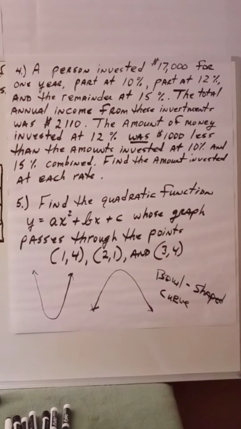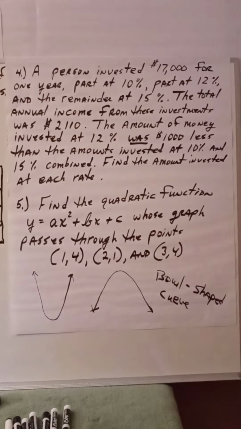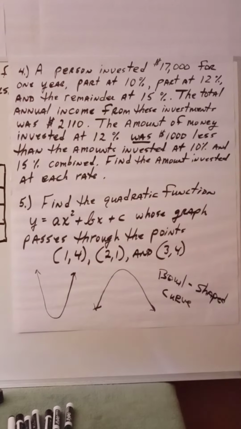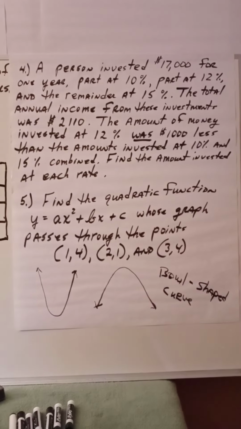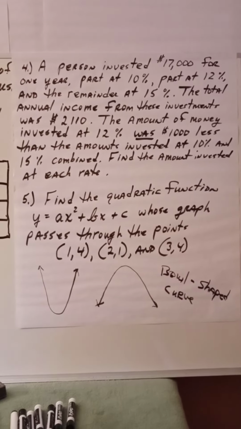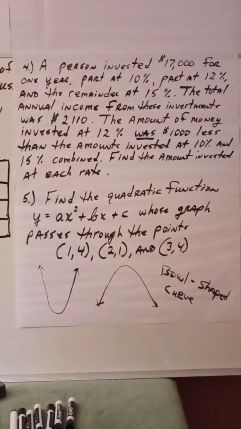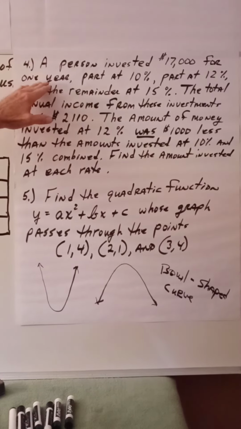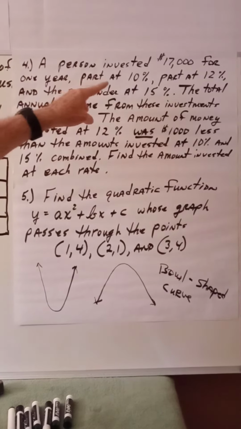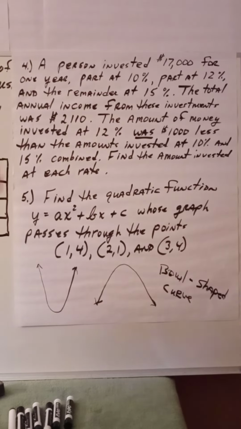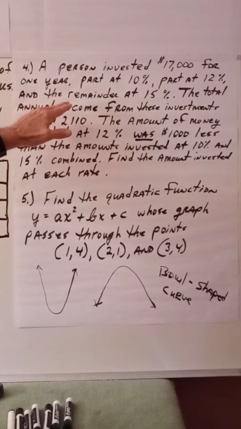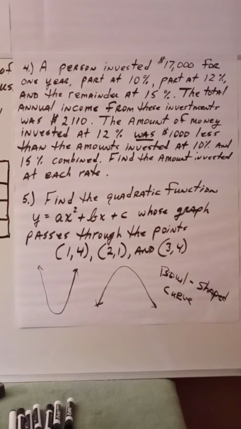A person invested $17,000 for 1 year. So like in all of the investment problems, the money is only going to be kept in the accounts for 1 year. He invested $17,000 for 1 year, part at 10%, part at 12%, and the remainder at 15%.